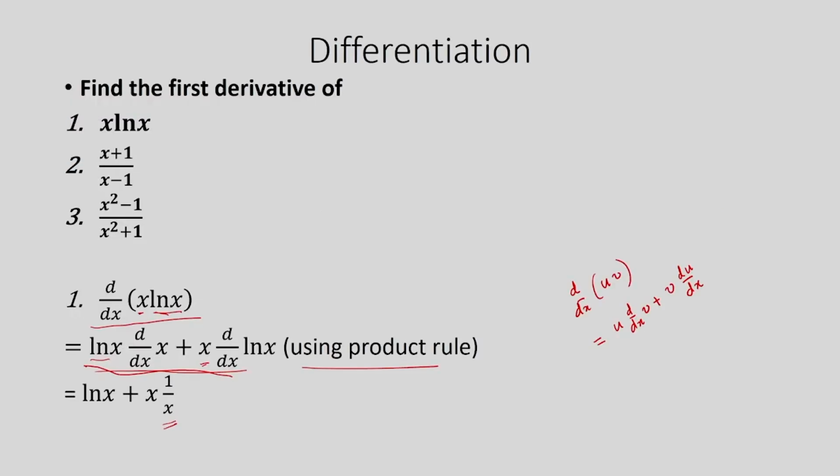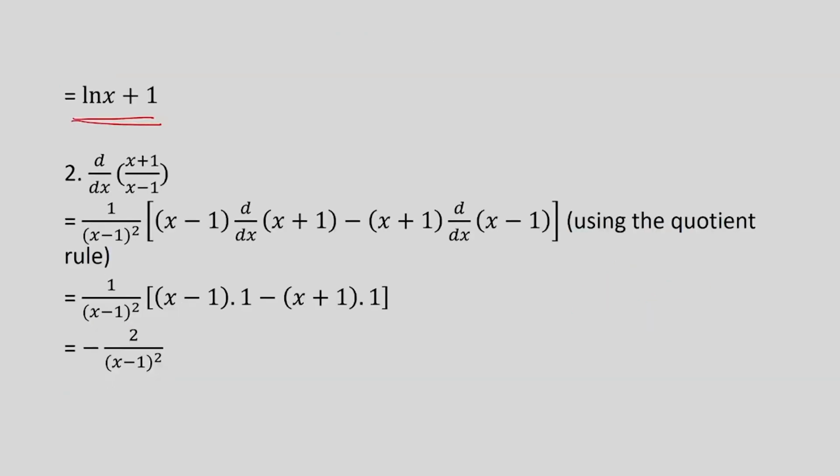The second question was x plus 1 divided by x minus 1. We have to take the first derivative of this function. So, d dx of x plus 1 divided by x minus 1. The rule that we are using here is the quotient rule. Again, to recall, you have two functions u and v, both functions of x, and you want to take the derivative of u divided by v.